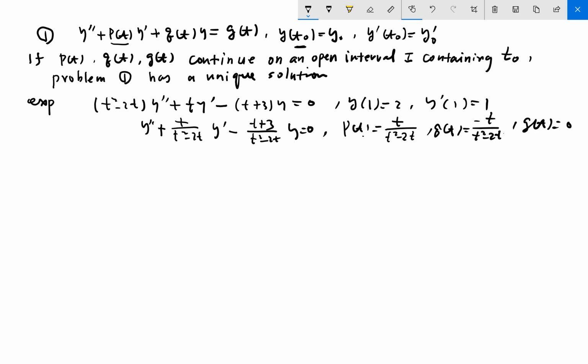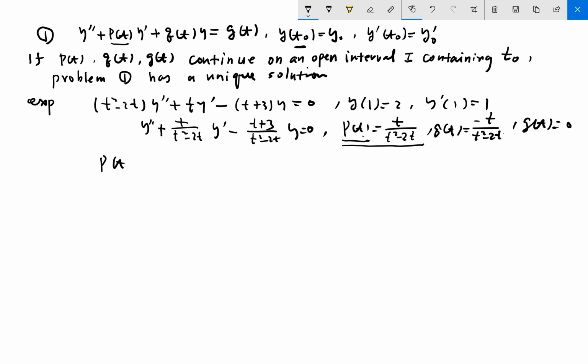So what we need to do is find out for what t p of t is continuous, and so are g of t and q of t. Look at p of t. This is a rational function which will be continuous for all t in its domain.